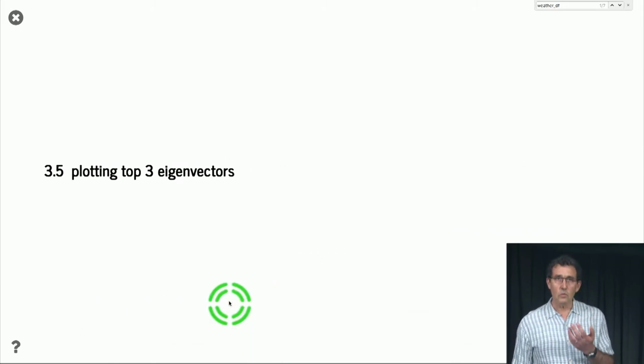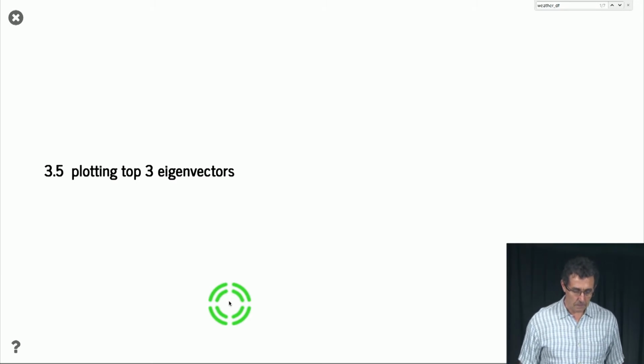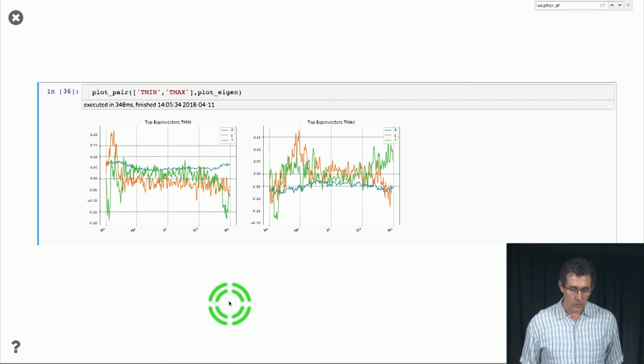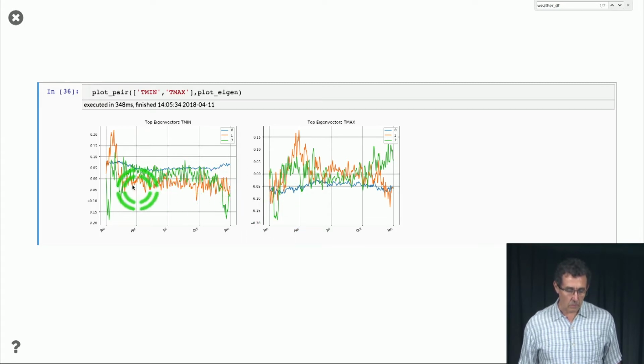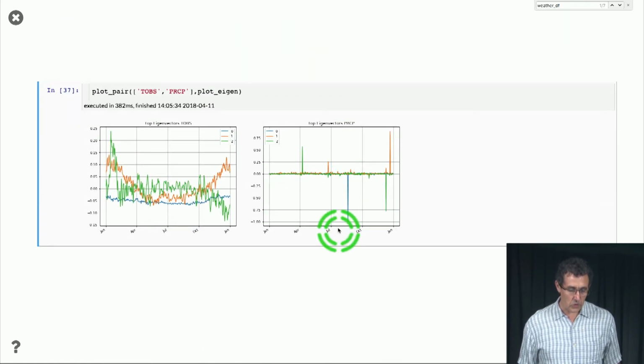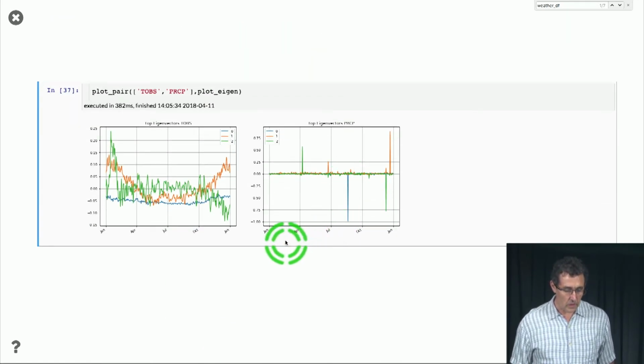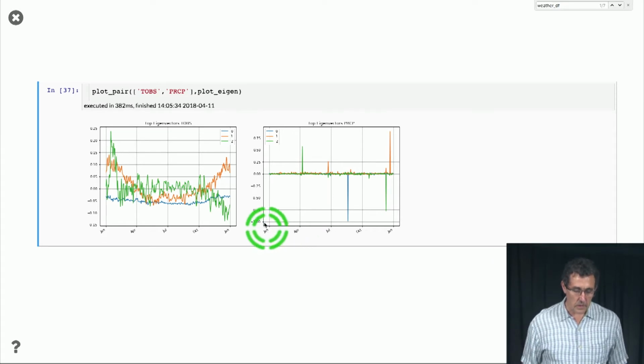So let's see what these eigenvectors look like. Here we have the T min and T max, and we see something, but it's pretty noisy, so let's wait till we see T observed. Okay, so T observed makes some sense.